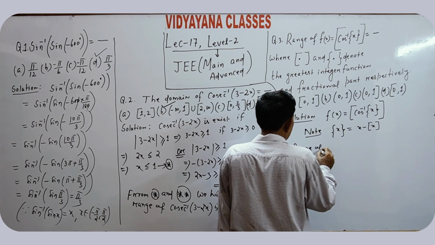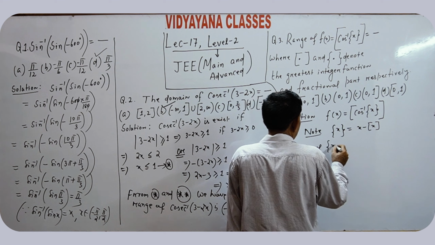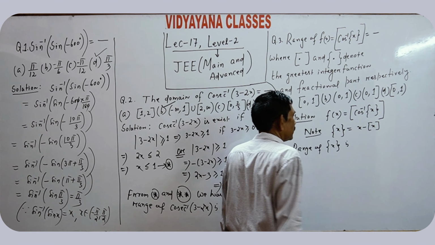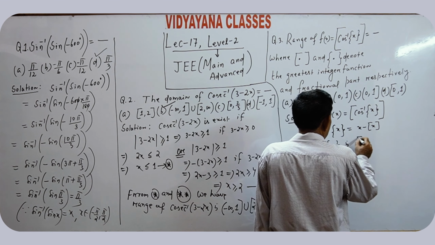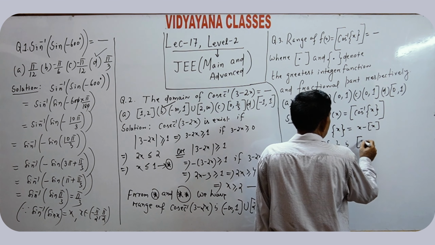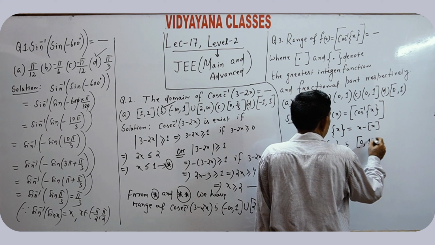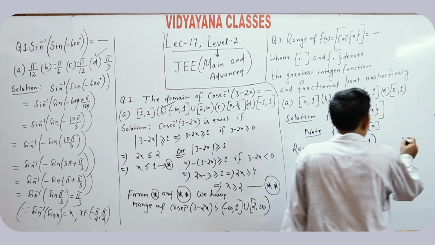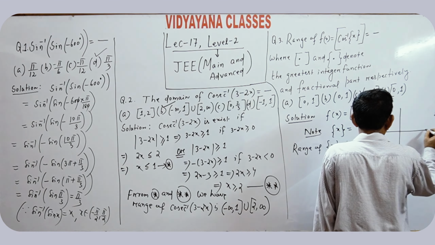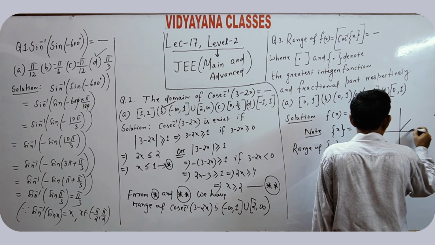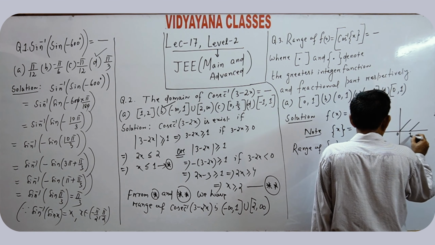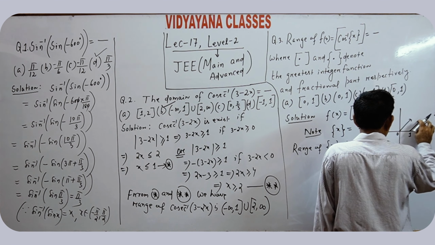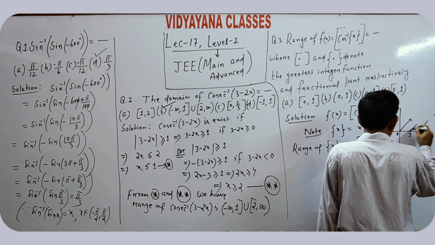Range of fractional part of x is close bracket 0, 1 open bracket. Zero, one, it represents the fractional part of x.